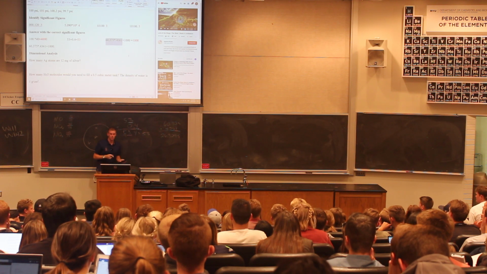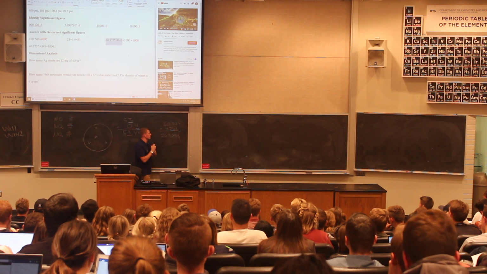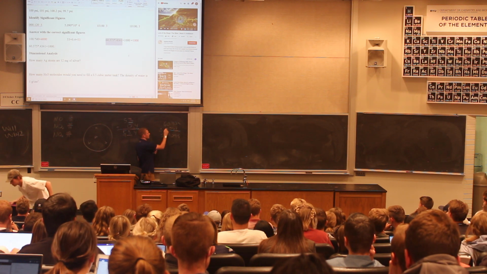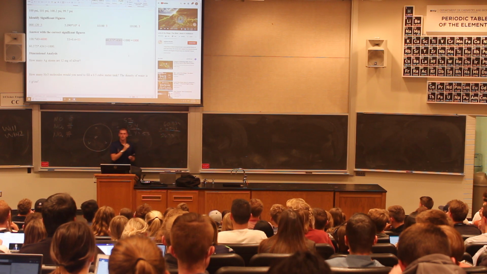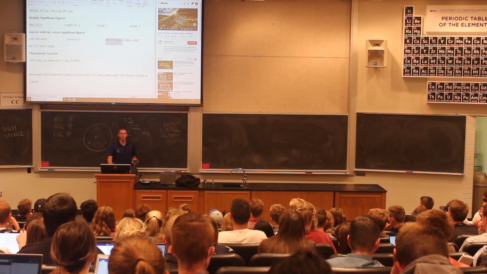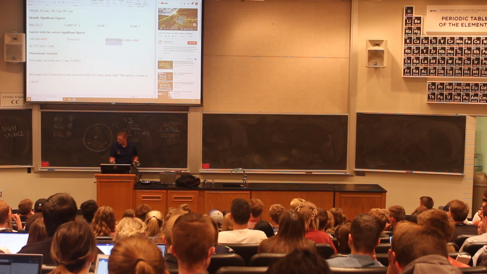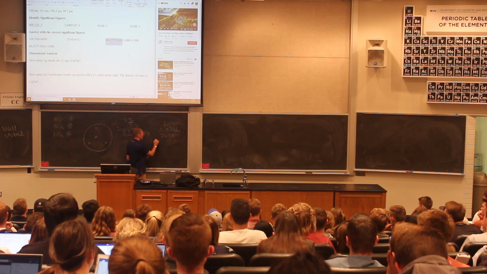Well, this is multiplication, so which rules do I follow? The fewer, whichever one has fewer sig figs. This one's got 4, this one's got 5, so my answer can only have 4, so this becomes 3. Have I lied to you? Okay, just yell if I'm lying. You'll know because everybody looks around, and then you can yell, okay? So then I take 26.33 and add 1,000 to it.